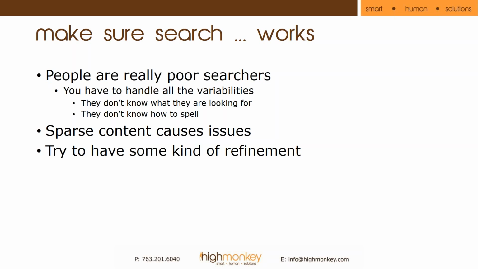I might do a very broad search and then see the results and try to narrow it down. A refinement would be some type of categorization on the side that I could click to quickly narrow down my results. What that helps is it lets me get away with a broad term, but then I can use the resources of the site to help me narrow it down.